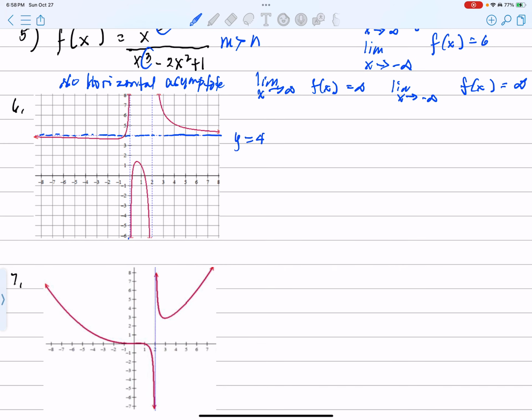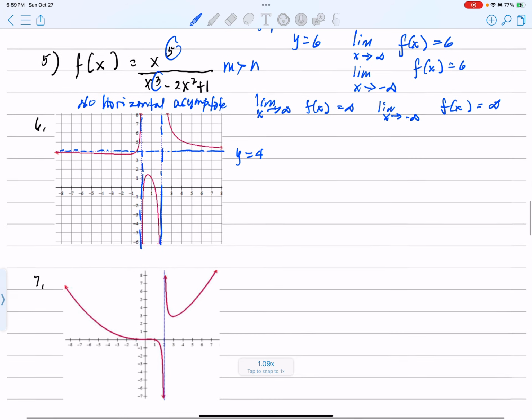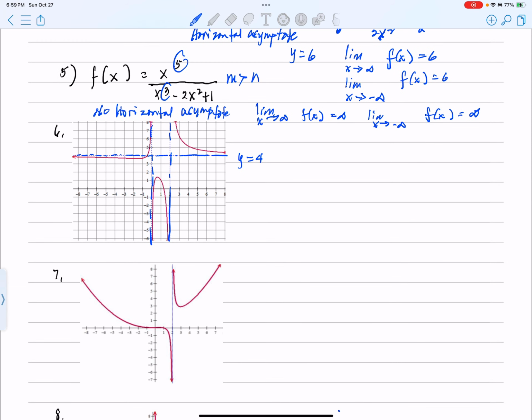We cannot use this vertical asymptote right there. We can use this when we find the domain. But in this case, we only need the horizontal asymptote. This is the horizontal asymptote.